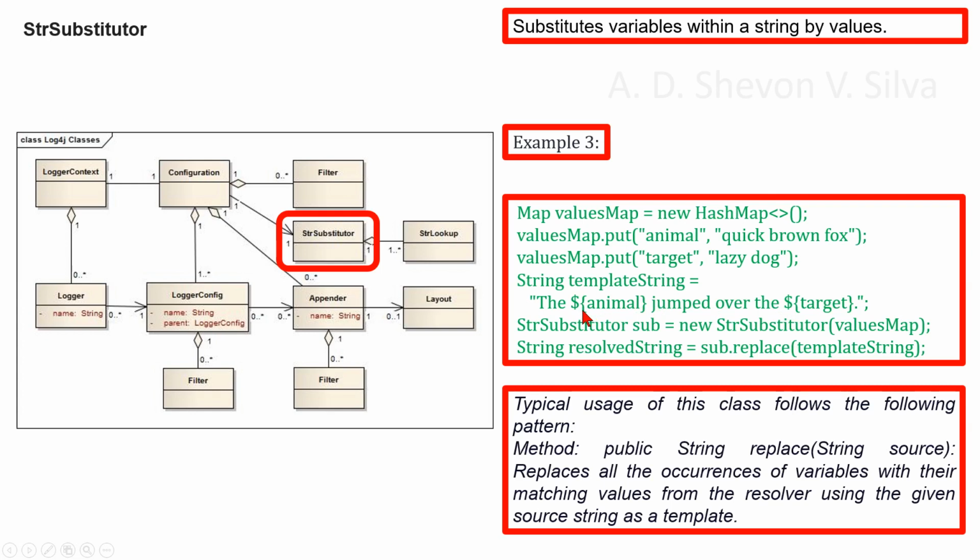After that, the replace method can be called passing the source text for interpolation. In the returned text, all the variables, variable references, as long as their values are known, will be resolved.